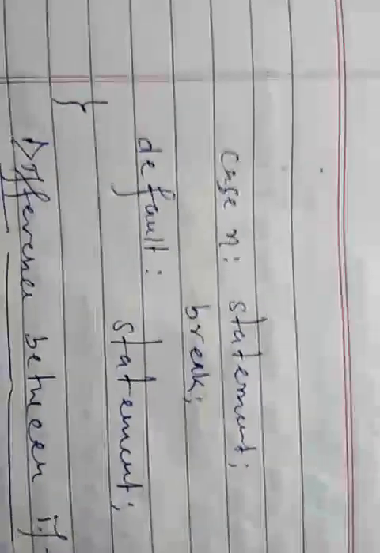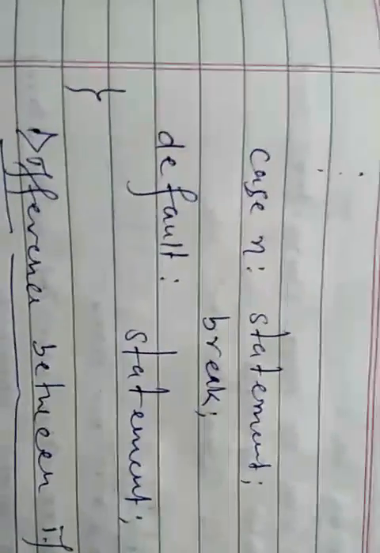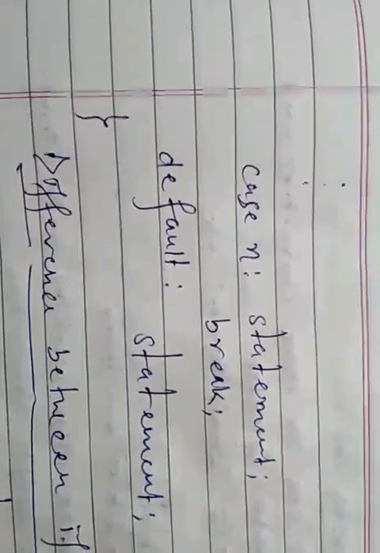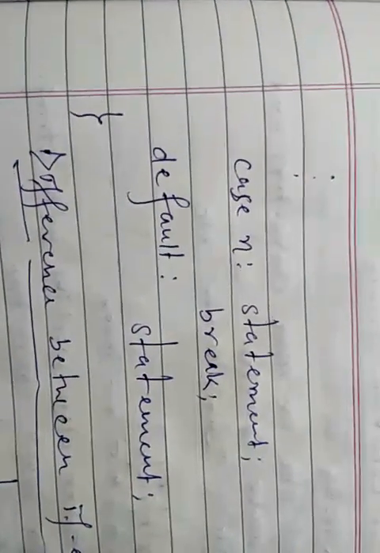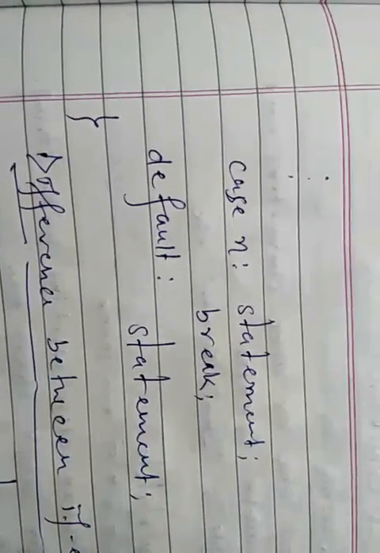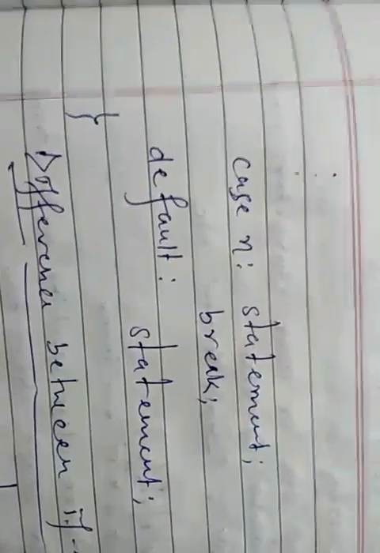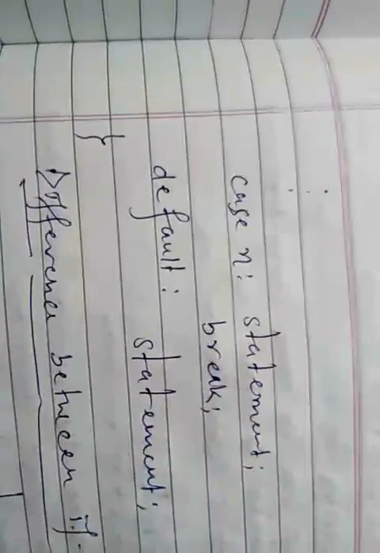Suppose the number of cases is n, and inside a case there will be a single statement or multiple statements, and in the last there is a default case. If the choice does not match any case value, the default case will be executed. Or if we do not write the break statement after a case statement, this becomes fall through, and multiple cases will be executed simultaneously.